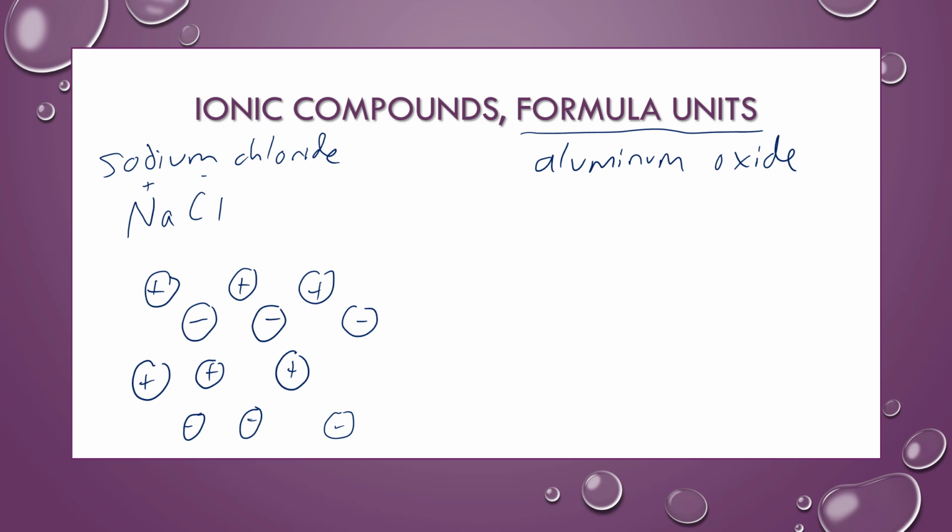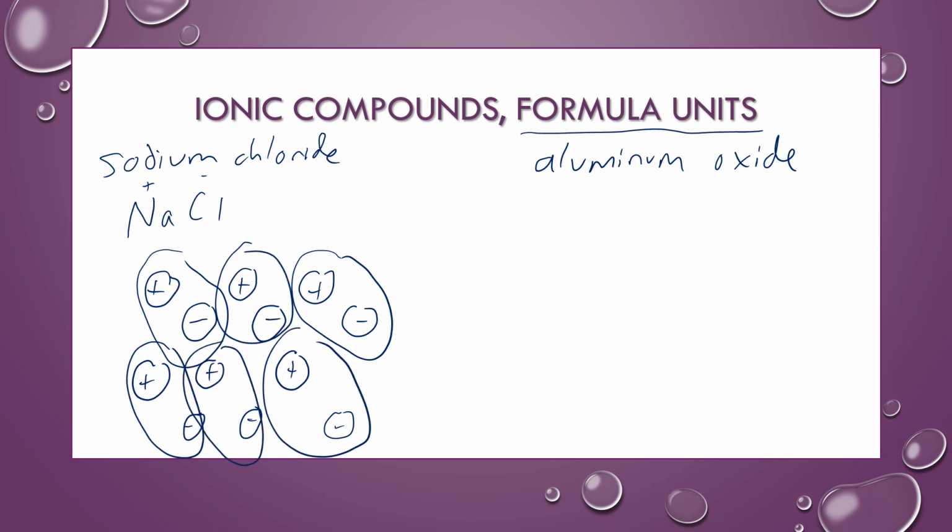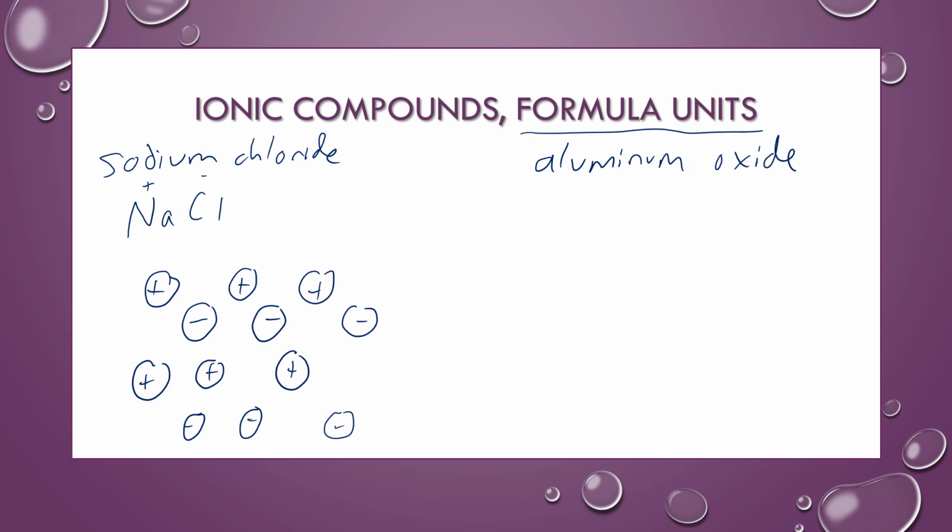But we do know that it's a 1-to-1 ratio. And so that's why you'll see people using a formula unit, like how many units of the sodium chloride there are. In this particular drawing, I drew 6 units. But it's not really easy to tell how you're counting that, because you could count it differently and still come up with 6.